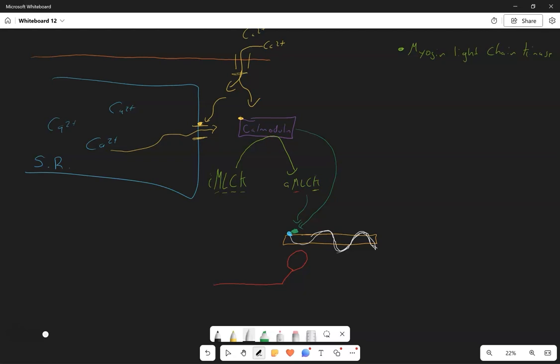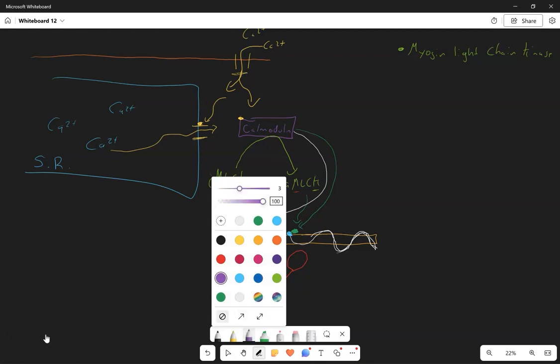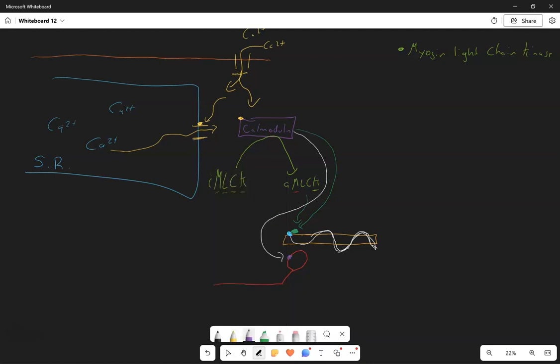So what really happens is this kinase comes down and it phosphorylates that myosin head, right? It adds a phosphate from ATP to it. So myosin cannot bind to the actin filament until it becomes phosphorylated. So once we add that phosphate, that myosin head will come up and bind to that actin filament.